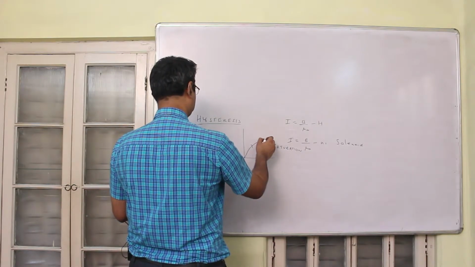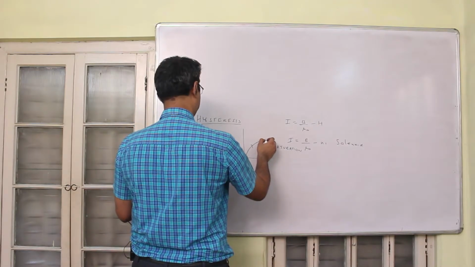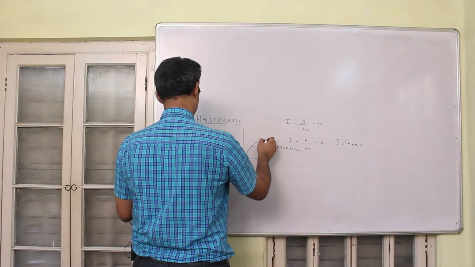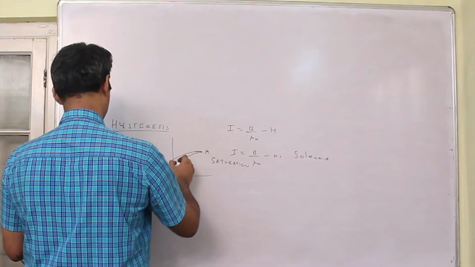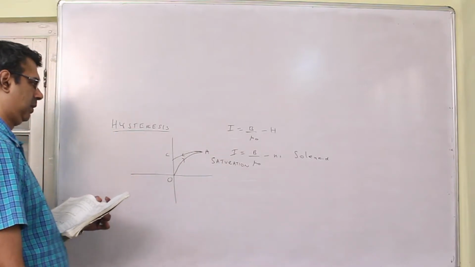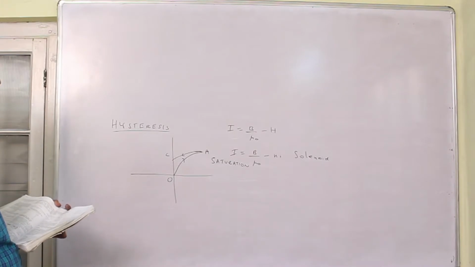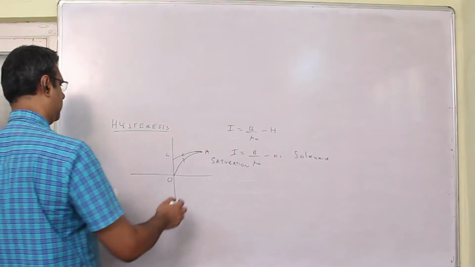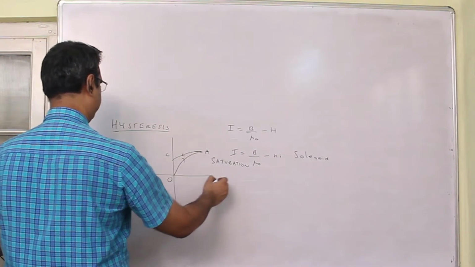Now, after the dipole alignment becomes saturated, suppose you reduce the current, you will see that the graph will not retrace its path. At point A, the dipole alignment is saturated, and now you have decided to reduce the current. You will see that the graph will follow the path AC.